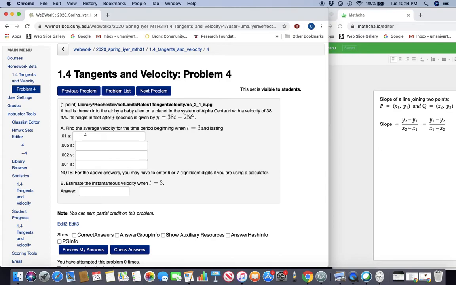All right, find the average velocity. Average velocity is nothing but slope. Instantaneous velocity is the limit. Average velocity geometrically is the slope of the secant. Instantaneous velocity is the slope of the tangent.